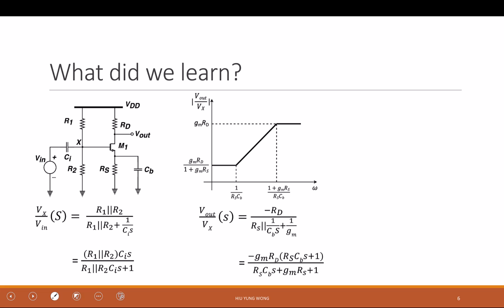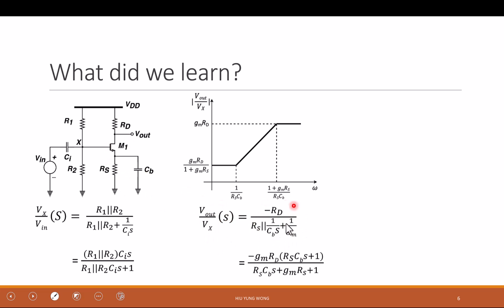So that is what we did last time. Last time we have this device. At low frequency, we start with everything except we don't have the high frequency capacitors. Then we try to find the transfer function of this circuit. And again, I know this is common source with degeneration from Vx to Vout, so I just use Vout divided by Vx.